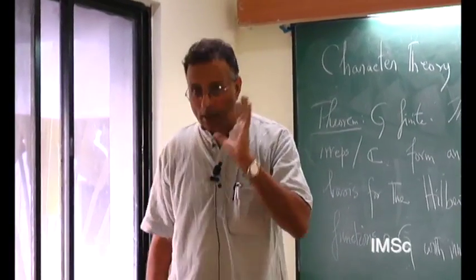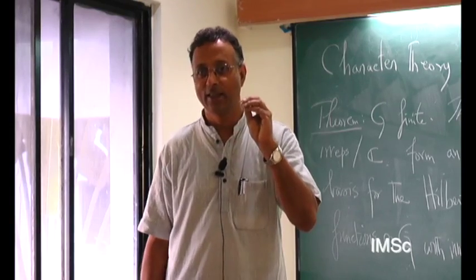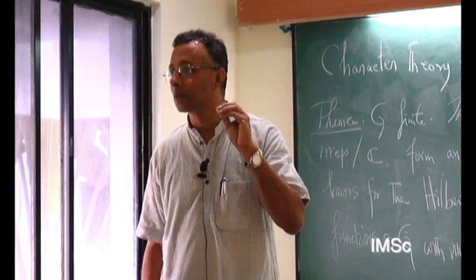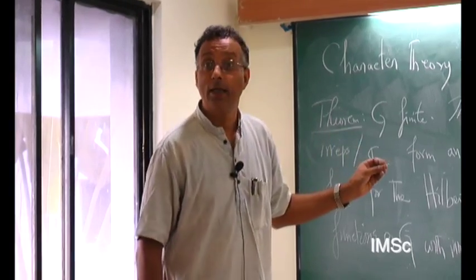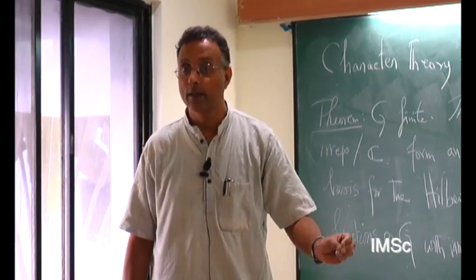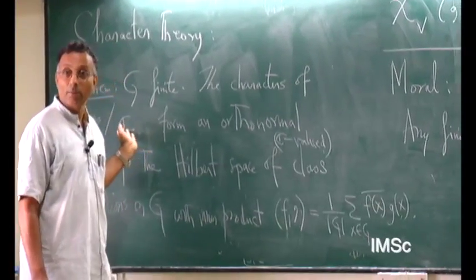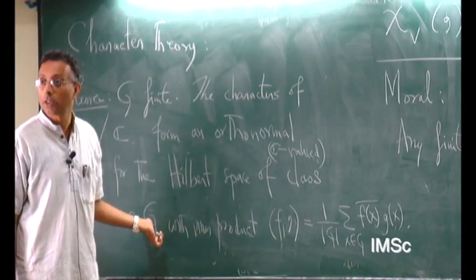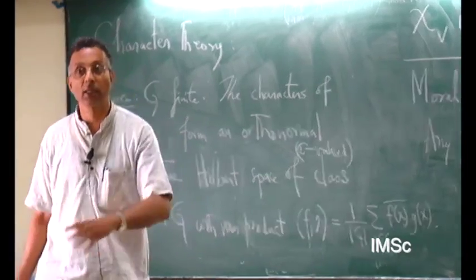So far you only had it on faith that there are finitely many irreducible representations. But now this theorem will actually prove it, because you are going to say that that number is equal to the number of conjugacy classes of G, and G is a finite group, so it's going to be finite. That's part of it, if you wish.